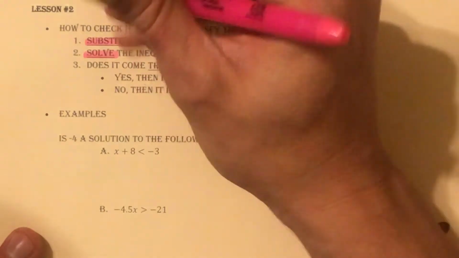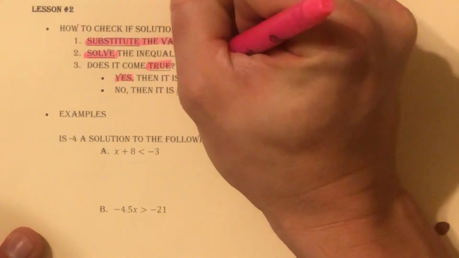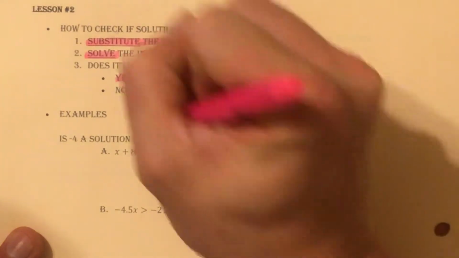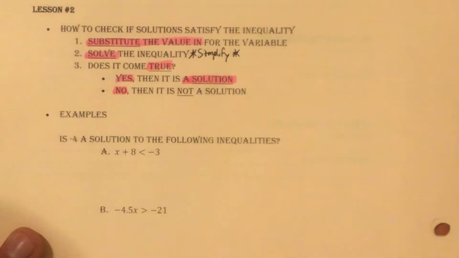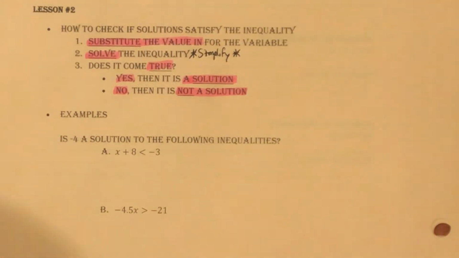All right. And if it does come true, then it is a solution. If it doesn't make that inequality true, then it's not a solution. So those are really the 3 steps, so it's not super complicated. Again, we're taking whatever number they give us, we're plugging it in for the variable itself, and then simplifying it down to see if the inequality becomes true or not.